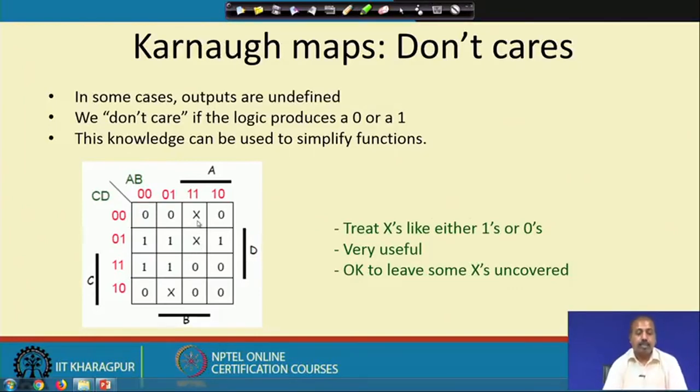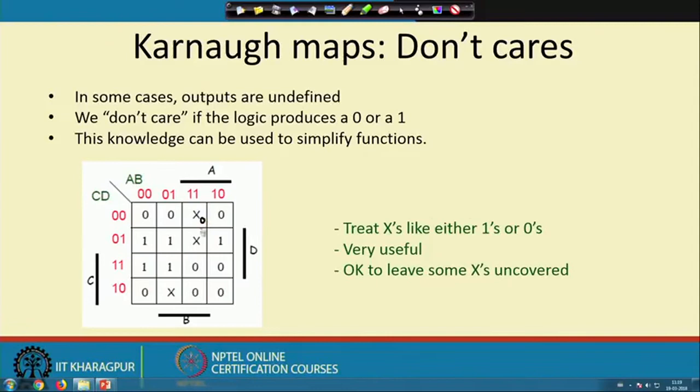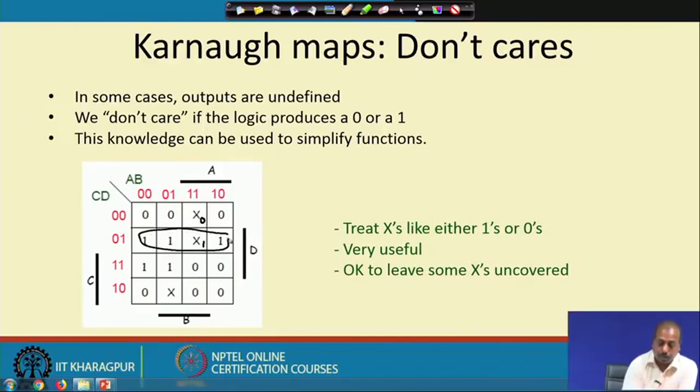While doing the minimization, we can treat these x's either as 1s or as zeros. Between these two x's, if I take this x as 0 and this x as 1, then I do not need to be bothered about realizing this 0, and I can make a quad out of that.